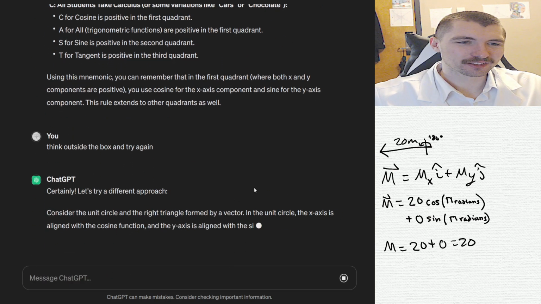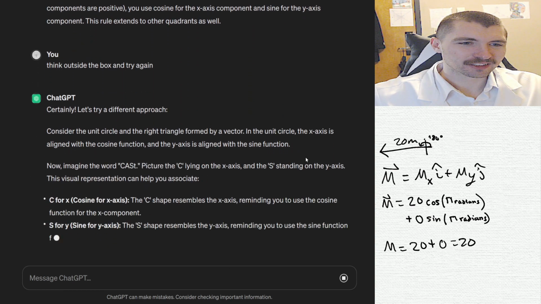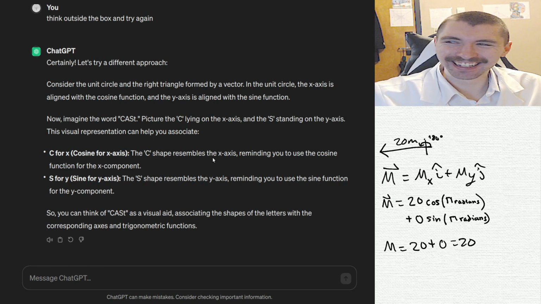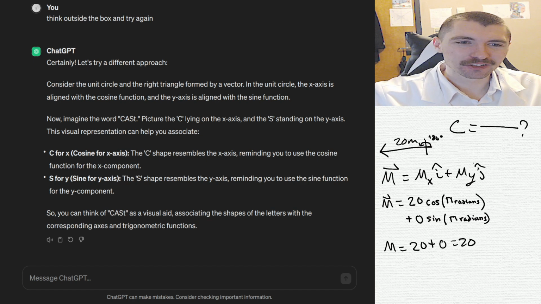C for x. Cosine for x. The C shape resembles the x-axis. Okay, yeah. C, x-axis. I don't think so. S shape resembles the y-axis.